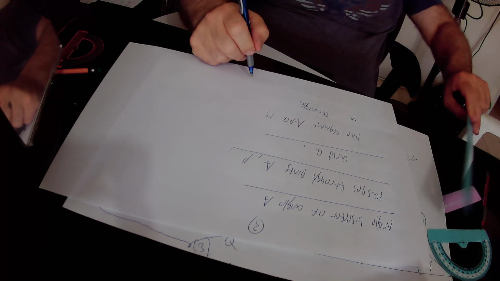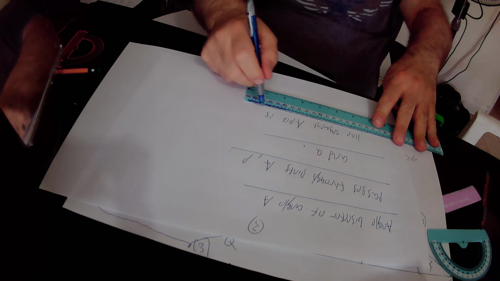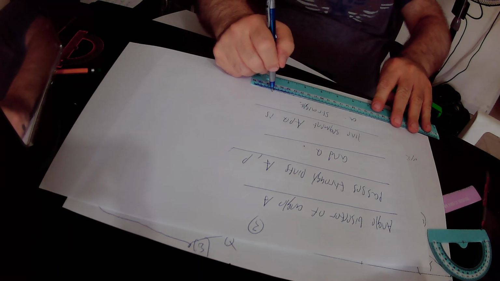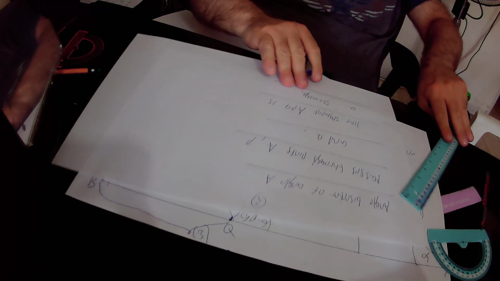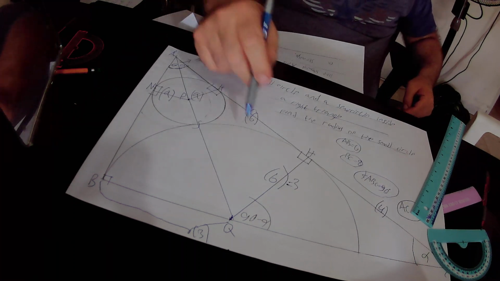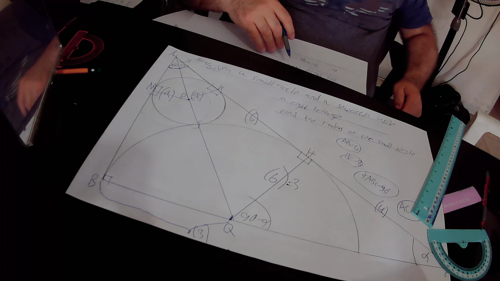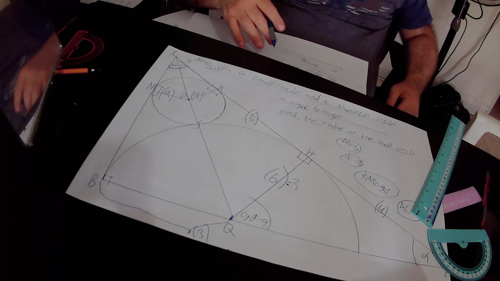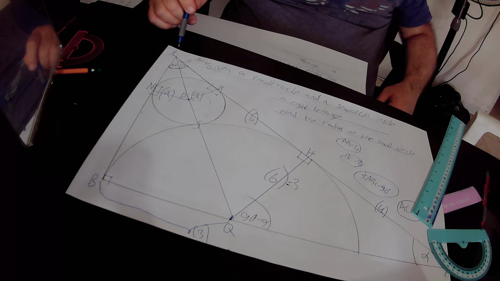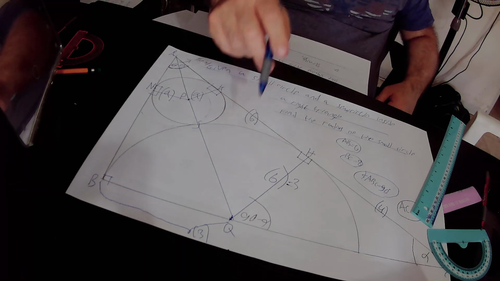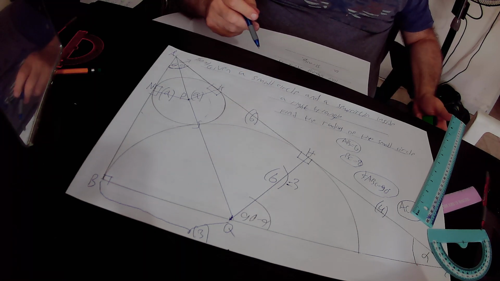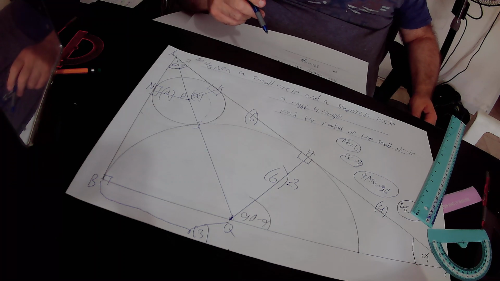Because of the fact that the angle bisector of A is a straight line, this line segment APQ must also be a straight line. Or we can say also that all the 3 points A, P, and Q are located on the same straight line.